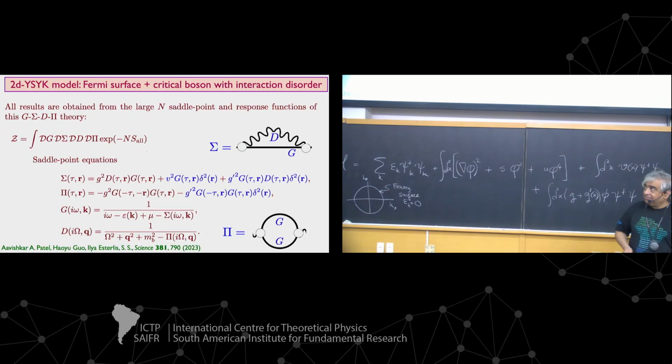The equations of this model are very, very similar to the Yukawa SYK model. We're just going to put in indices and average, so I don't even bother showing you how that's done. And then you get these equations for exactly the same two graphs that I showed you.